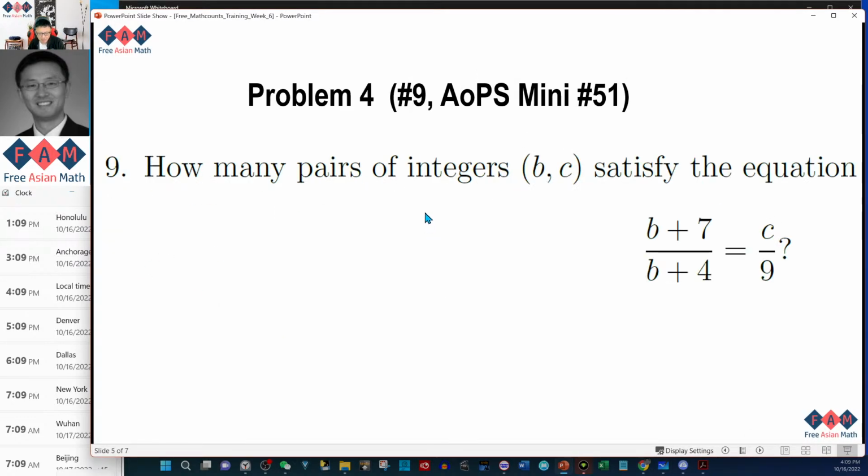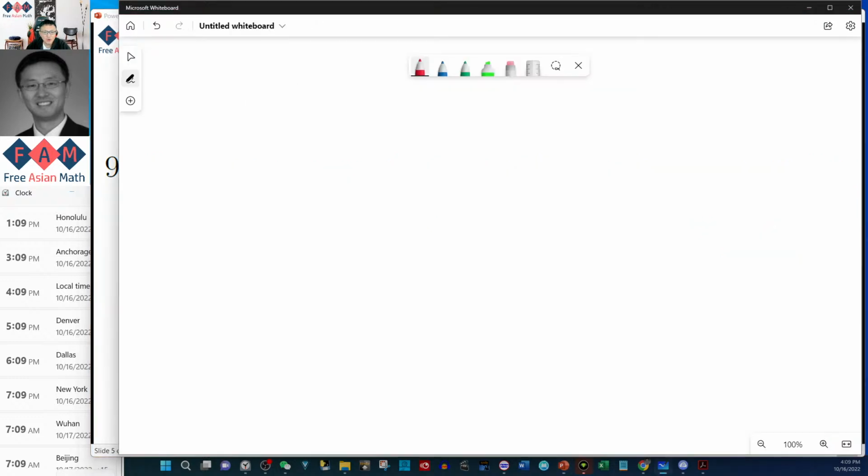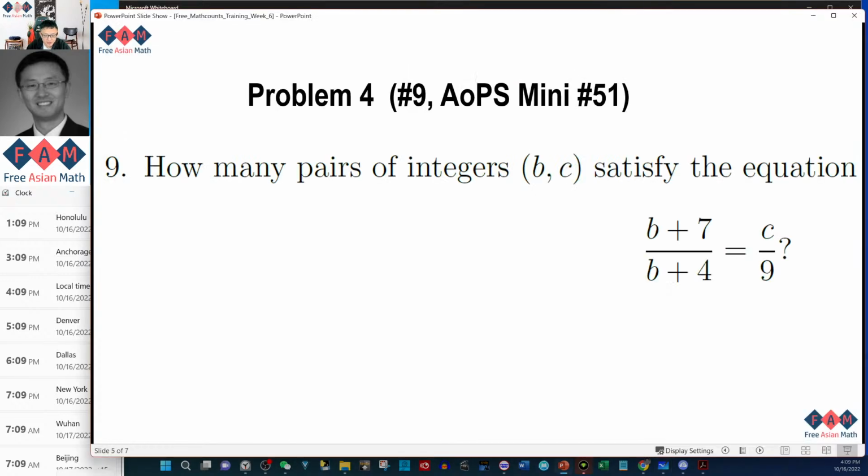Okay, how many pairs of integer b and c satisfy this equation? Well, in general, for this type of problem, it's a number theory problem per se, because you need to find out what kind of integers can satisfy this condition.